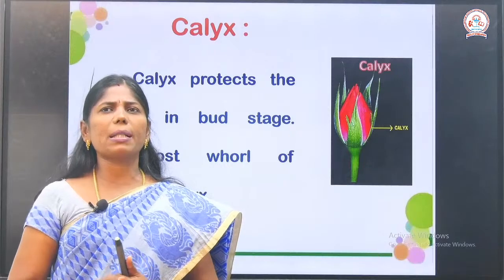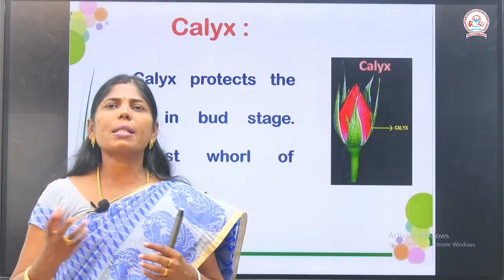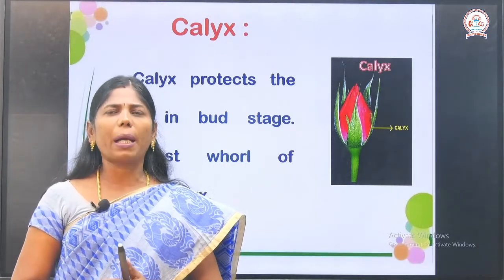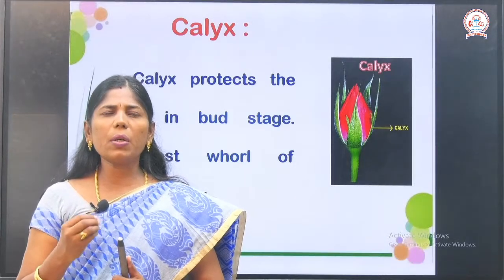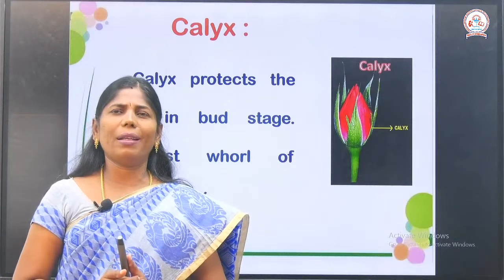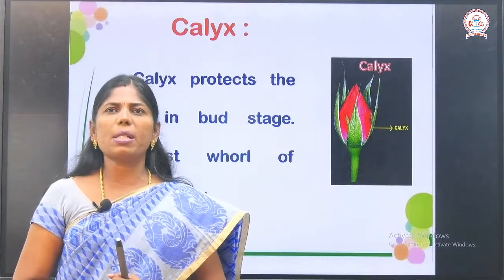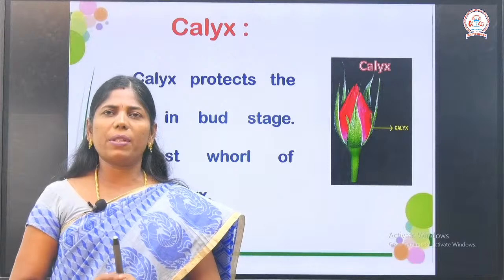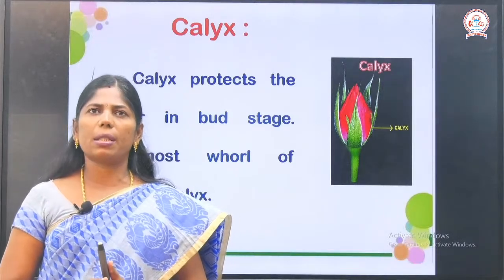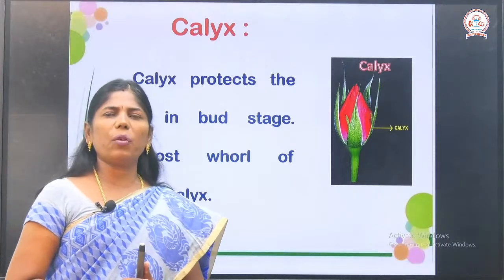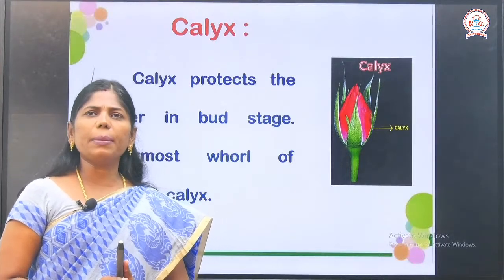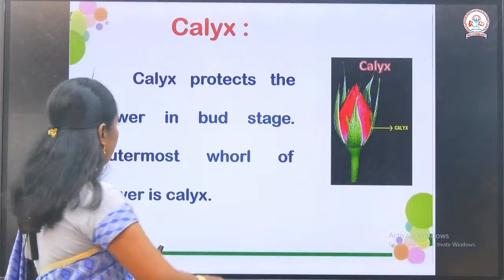In some of the plants, the calyx is modified for some other functions. For example, in Tridax procumbens, the calyx is reduced to a pappus-like structure. They can easily float in the atmosphere, so it is used for wind pollination. So the first whorl of the flower is the calyx, which is green in color, involved in photosynthesis, and protects the flower in bud condition.